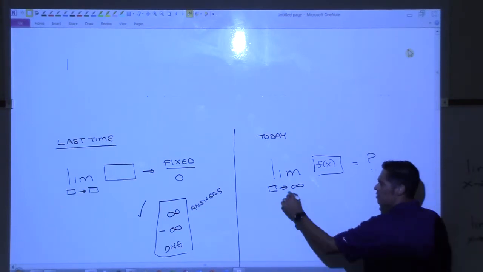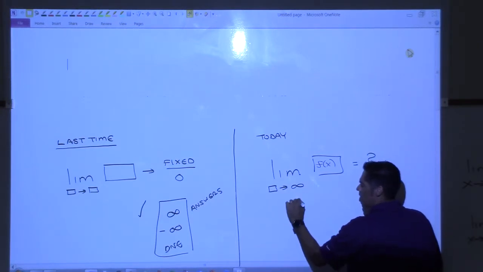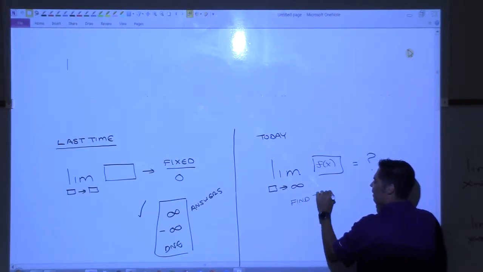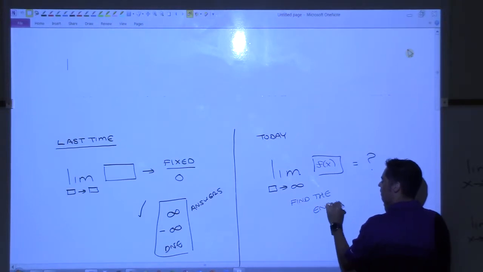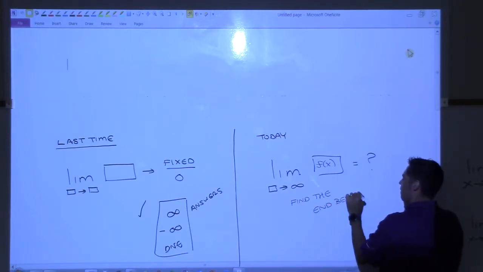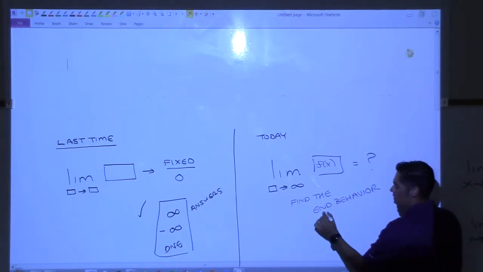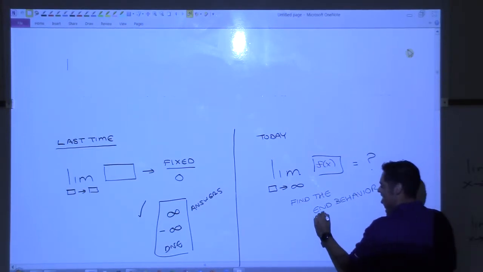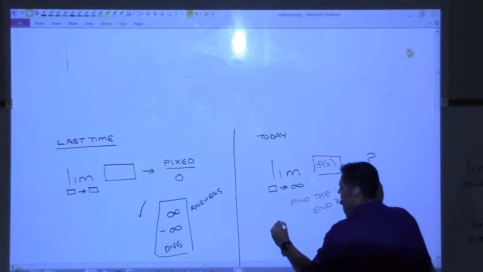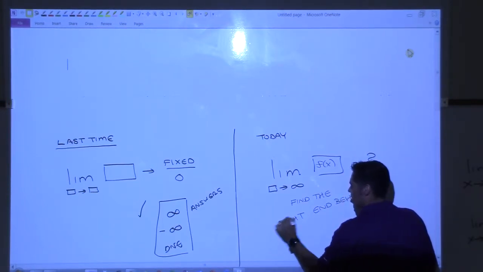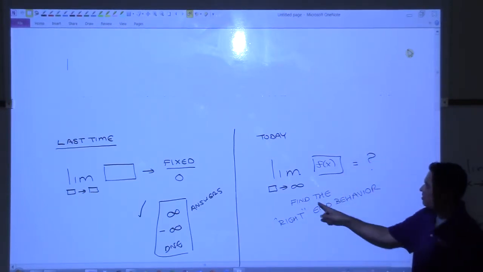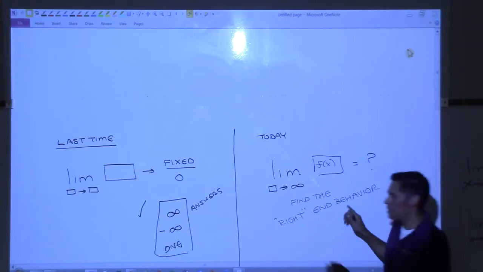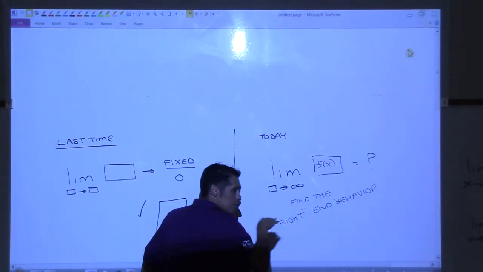So this is really just asking us to find the end behavior. Sorry, I thought we had a cat in here. This is finding the right end behavior, because as you go to infinity, you go out that way, to the right.